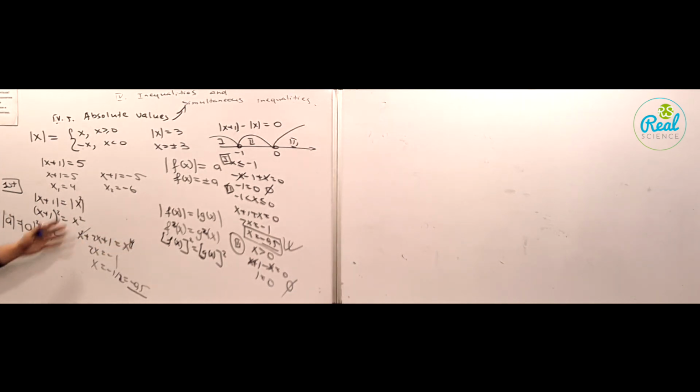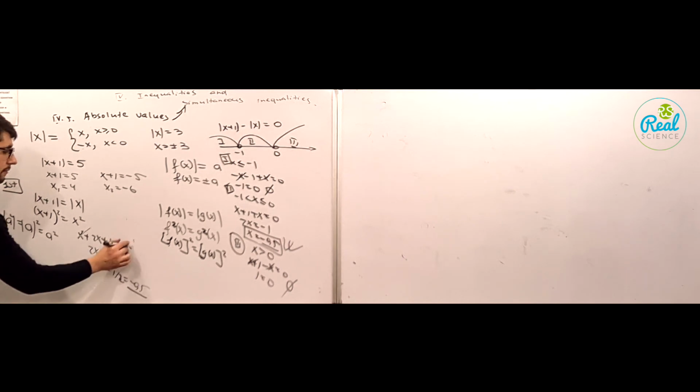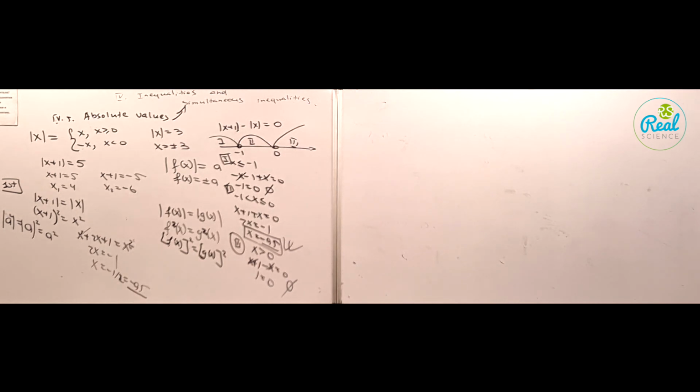So you have to use the second method if you have x squared here, okay? The second method can be used always. Yes, always. It's like the discriminant for quadratic equations. Yeah, this one is safe.